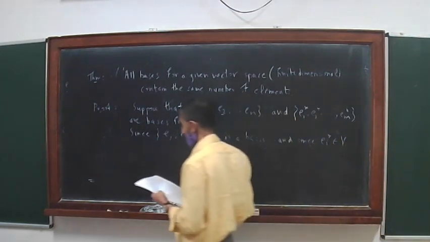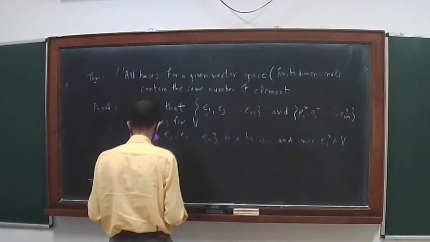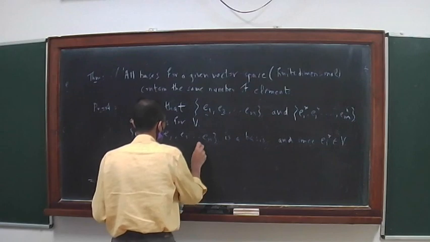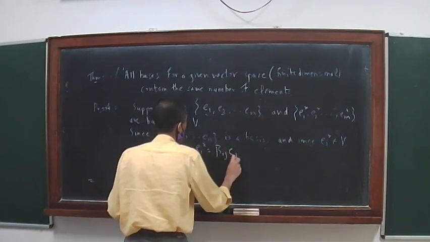So I can write Ei star as equal to beta ij Ej.